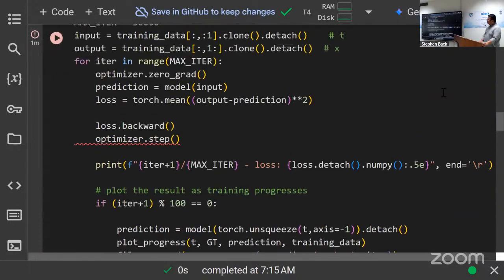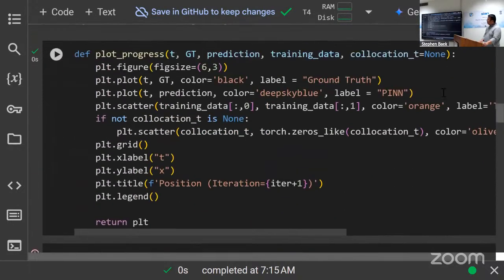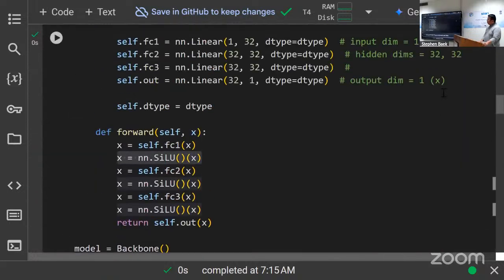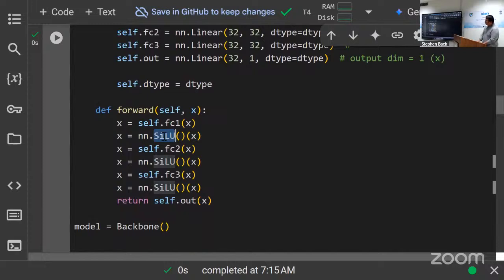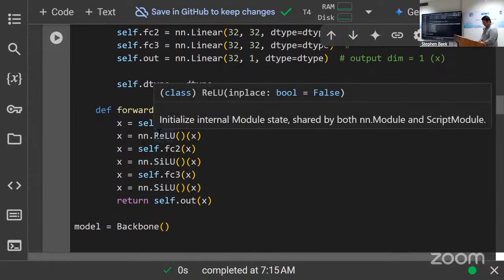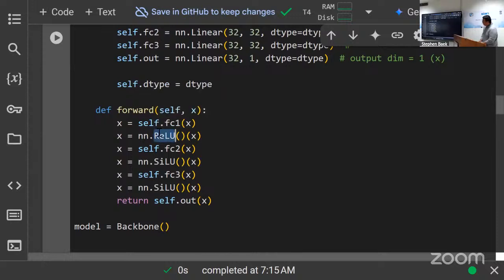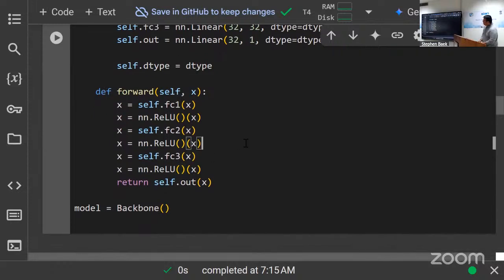The best way to learn this is by experimenting with the code. Even if you change it to ReLU, it's not going to explode your computer. So feel free to do so and observe what happens. It's as simple as replacing SiLU with ReLU.